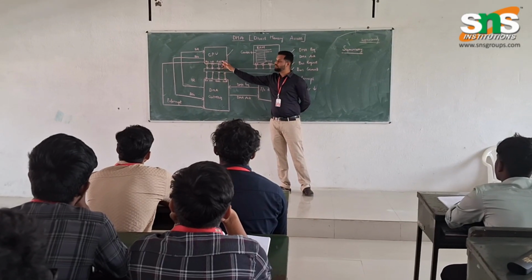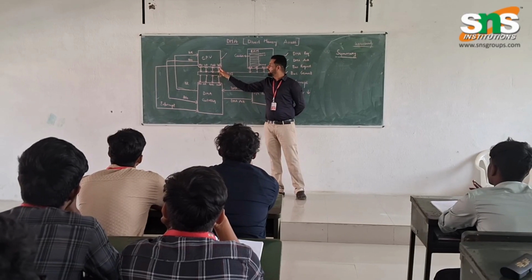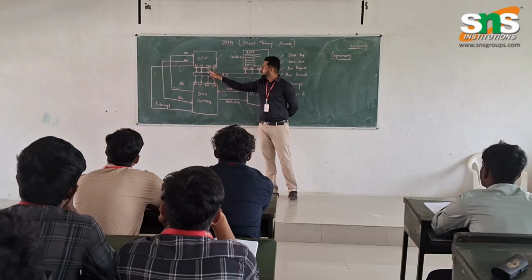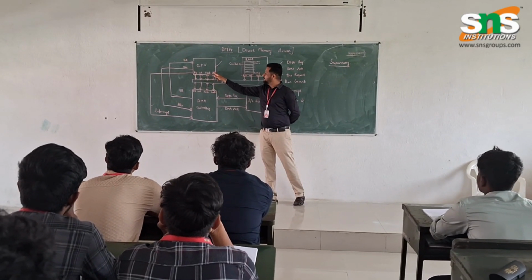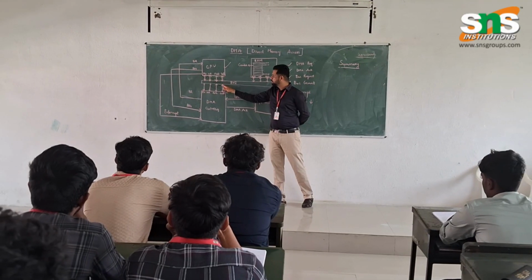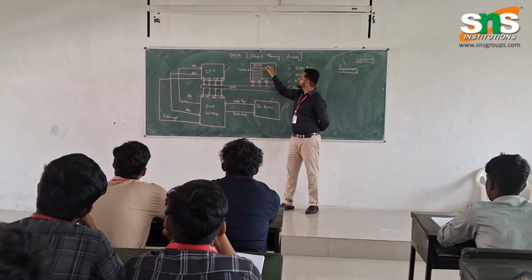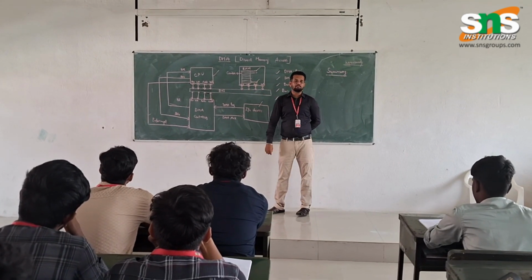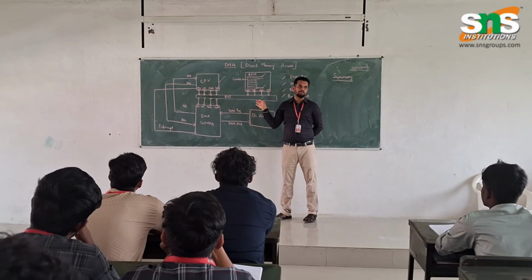Now the CPU will give the address and data, where you have to take the data from and what data you have to take, through this bus. The address of the memory and the data will be given through this bus. The starting address will be 1000 and the ending address will be 1020, so there are 20 memory locations, 20 instructions in the memory.